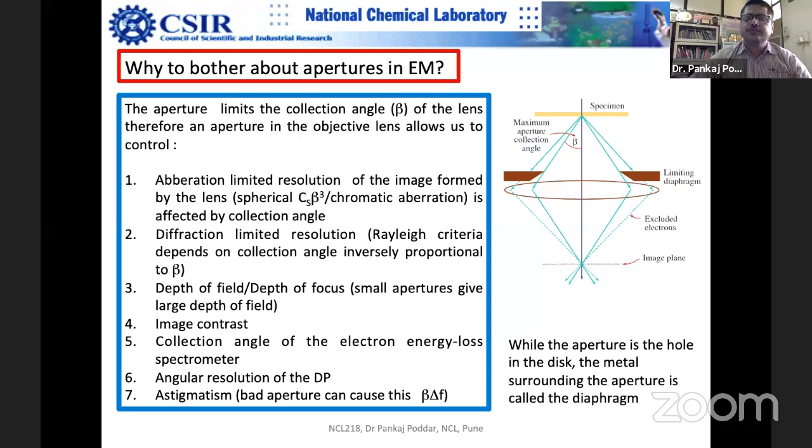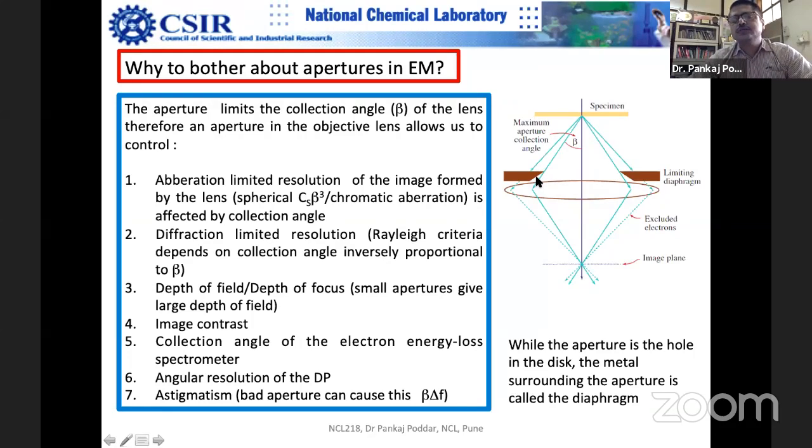When you put the sample in the sample chamber, the contaminants from the sample can start depositing at the edges of this aperture. Over a period of time, because a lot of heat is generated, those debris or impurities will form a thick coating.